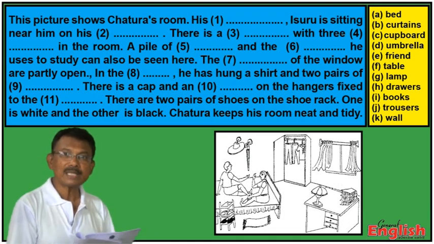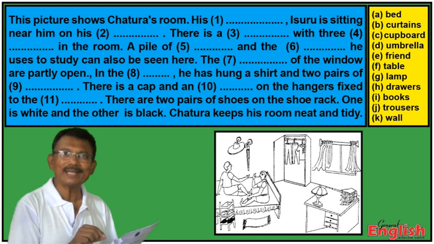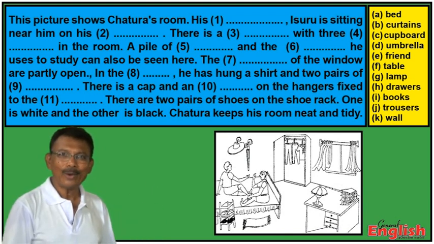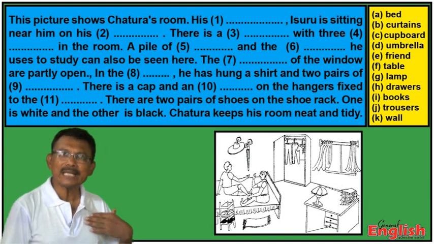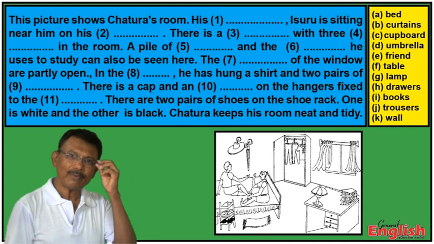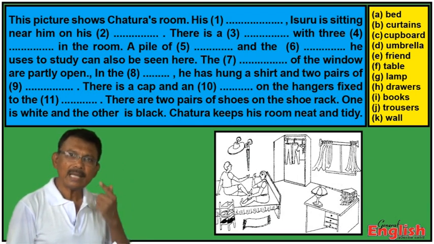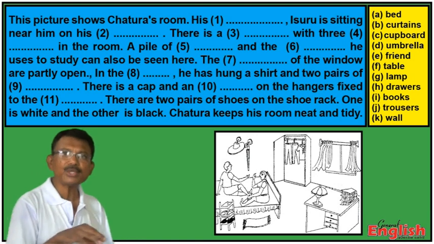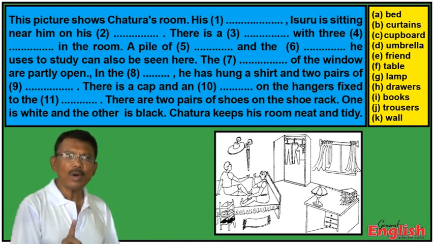When we want to show someone something near us, we use the word this. This paper. Now I am wearing a t-shirt, I say this t-shirt. Today I am wearing a pair of glasses, so I say these glasses, or this pair of glasses. Okay, so this picture is one picture.